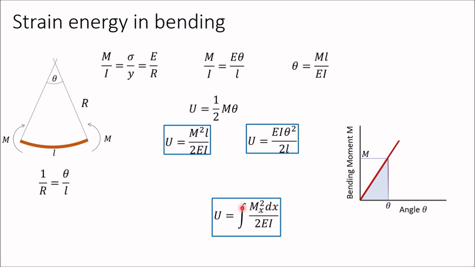So in that way you can determine strain energy when bending moment is varying. In most cases the bending moment may not be the same throughout the length. So we will take two examples where the bending moment is changing, and we will use this formula to determine the strain energy of the beam.